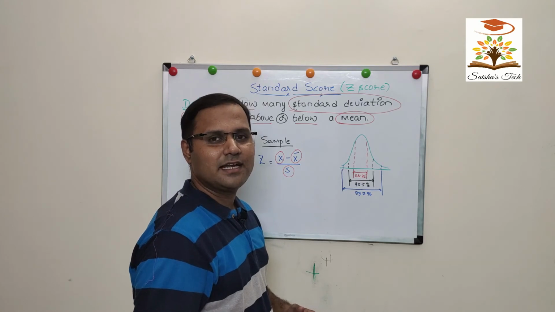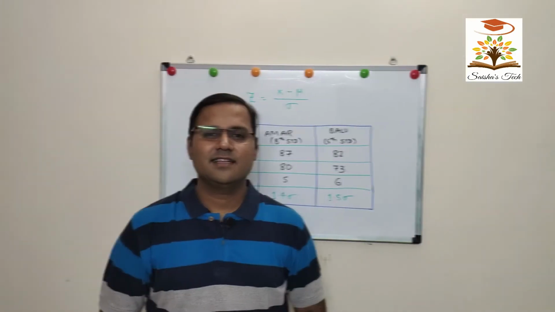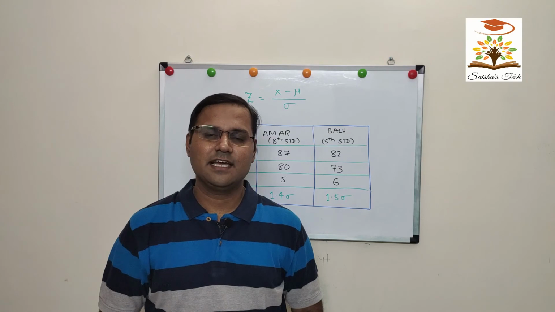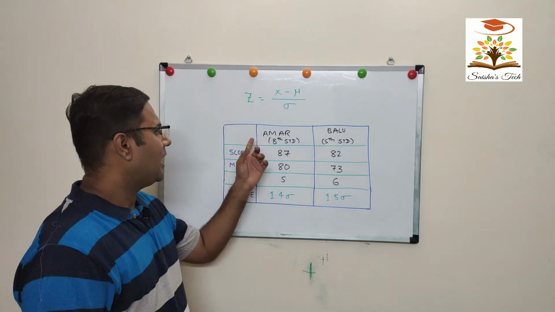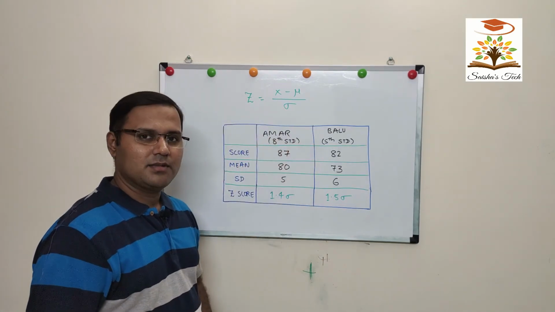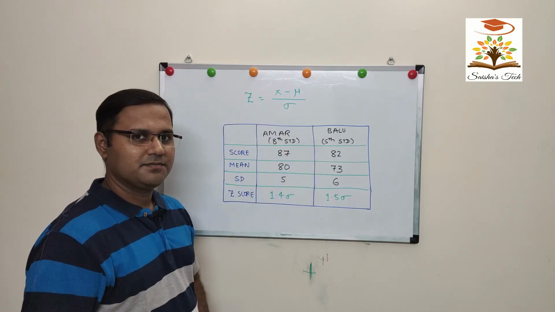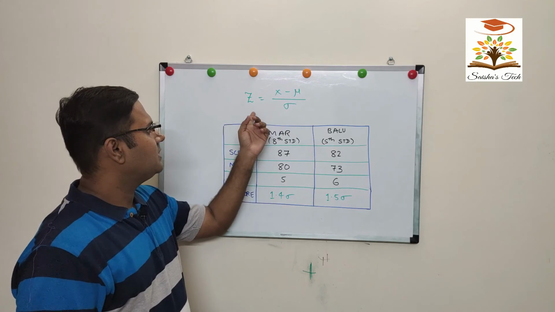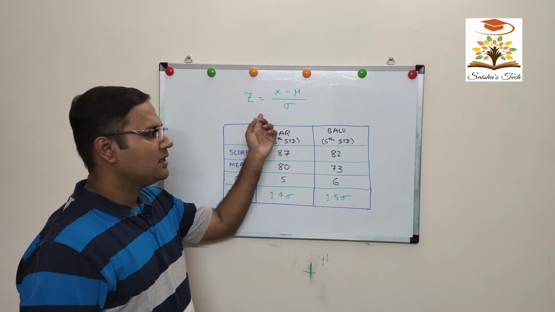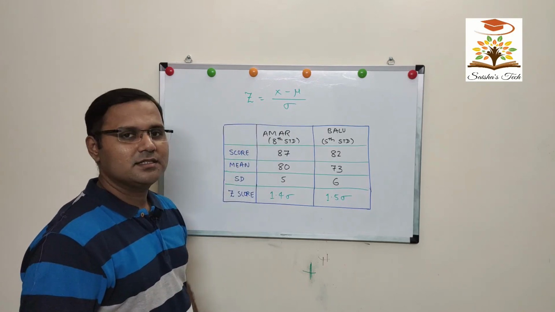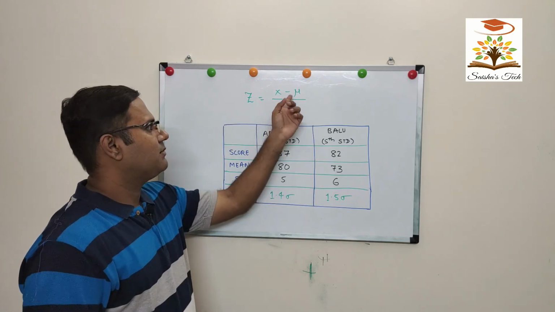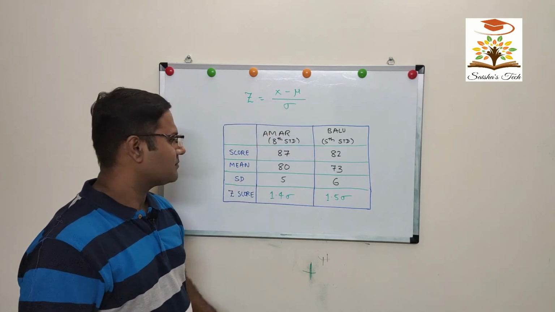Now let us understand the z-score with a practical example. Amar and Balu are brothers who are in 8th standard and 5th standard. As we have considered all the people in the class, we are utilizing the population z-score, that is x minus mu by sigma.